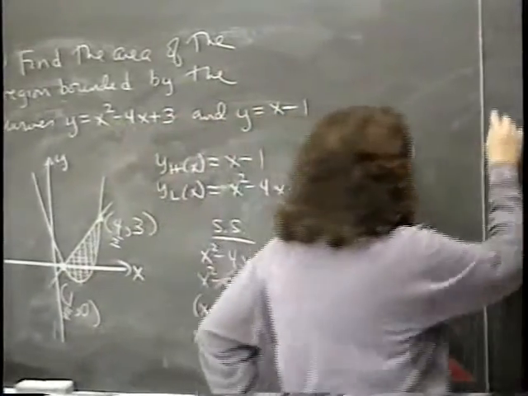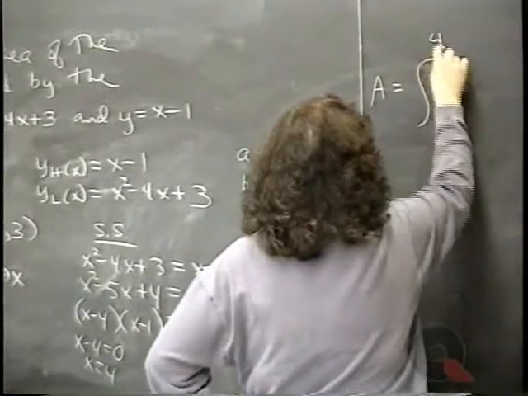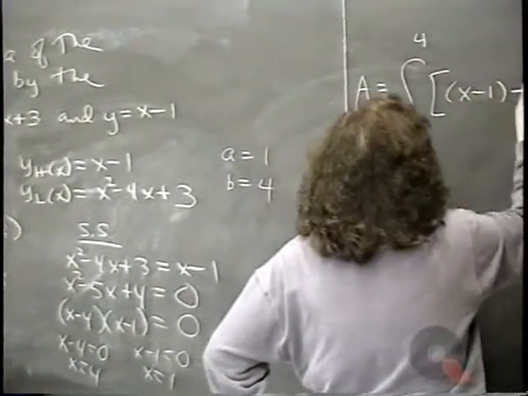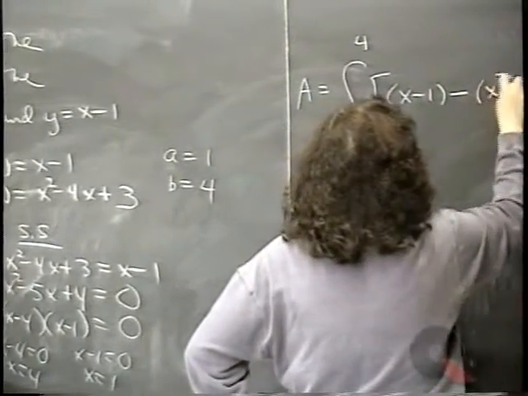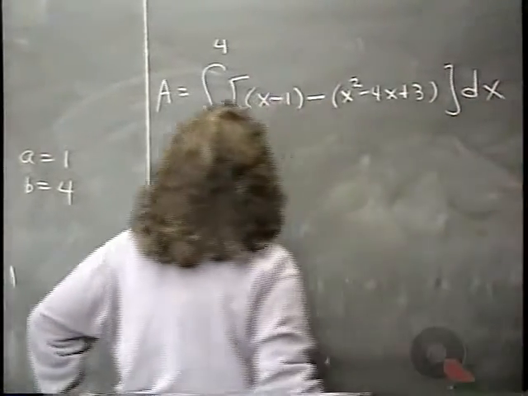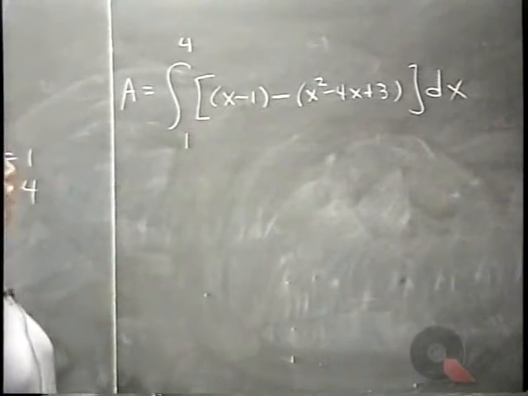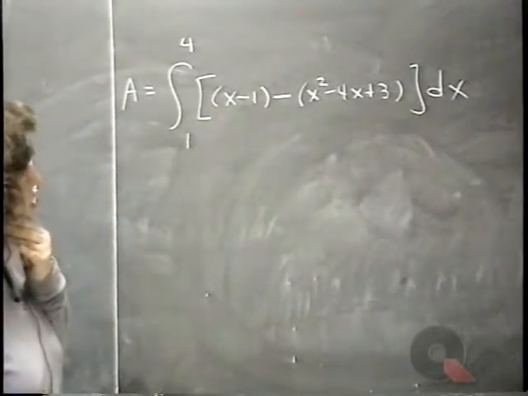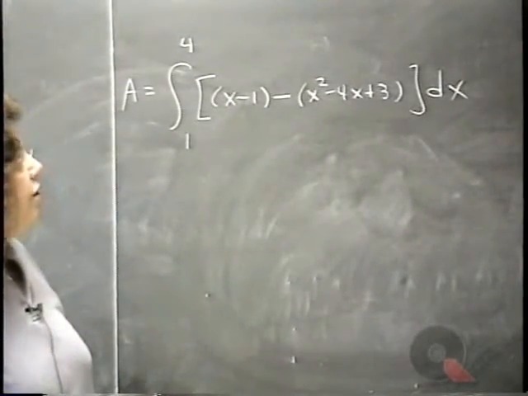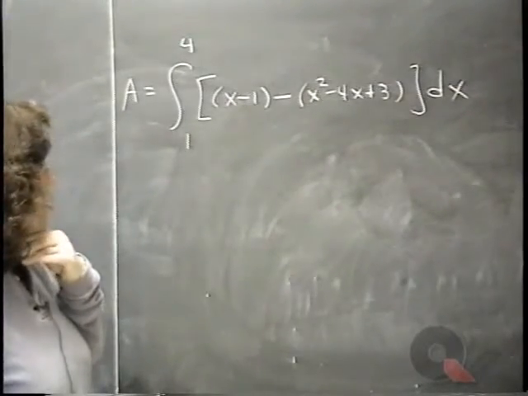And we're interested in the area, which is the integral from a to b, from 1 to 4, of y high, which is x minus 1, minus y low, which is x squared minus 4x plus 3, dx. Now, you can do this by simplifying, anti-differentiating, plugging in, or you can actually have the integration done on the calculator.